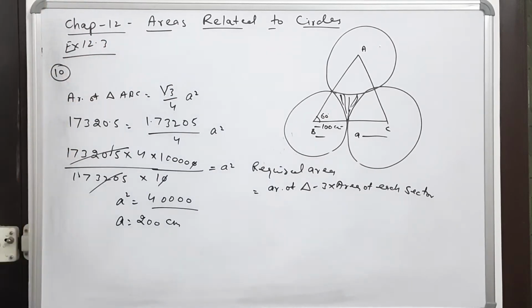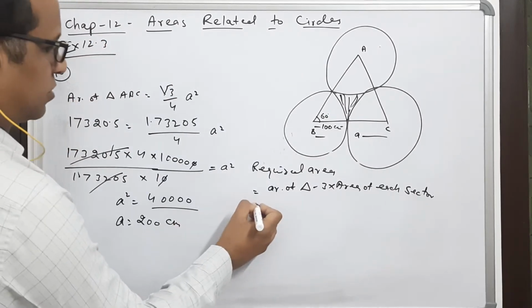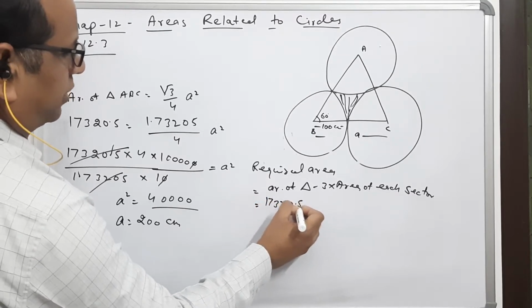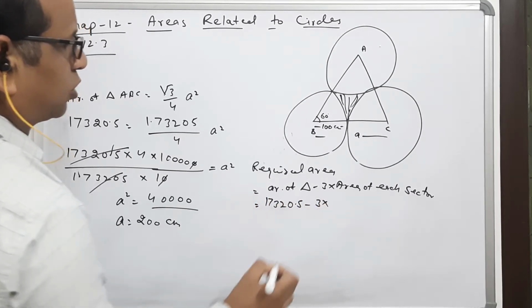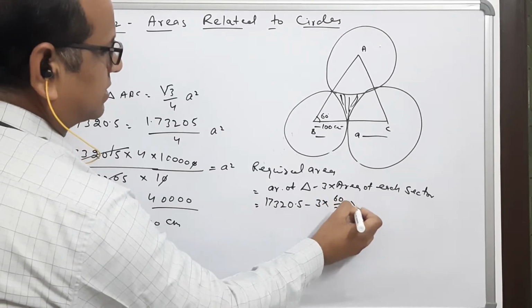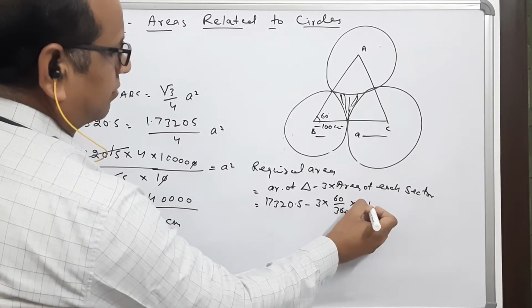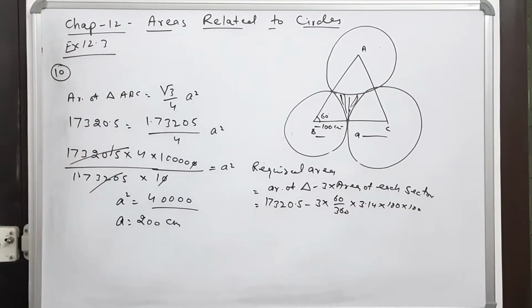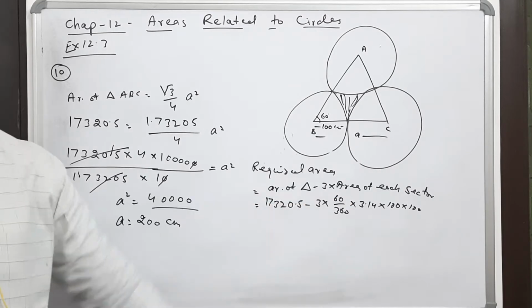And you know these three sectors are equal in area. So it is 17320.5 minus 3 into 60 upon 360 pi. The value of pi is 3.14. It is given in the sum.